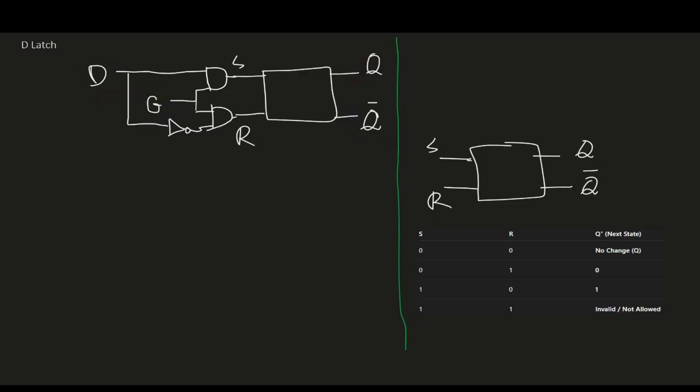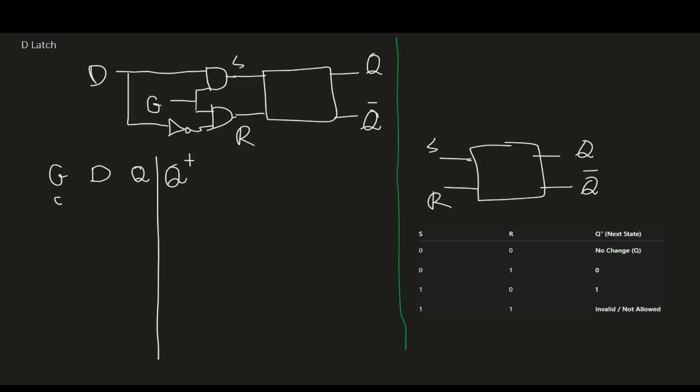Now let's derive the state table or truth table. We have two inputs, gate or enable, and D, and then let's also list the current state of the circuit, and then we want to figure out the next state, known as Q plus. How many combinations of G and D do we have?